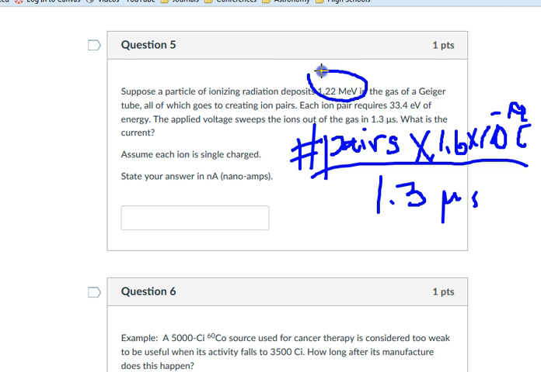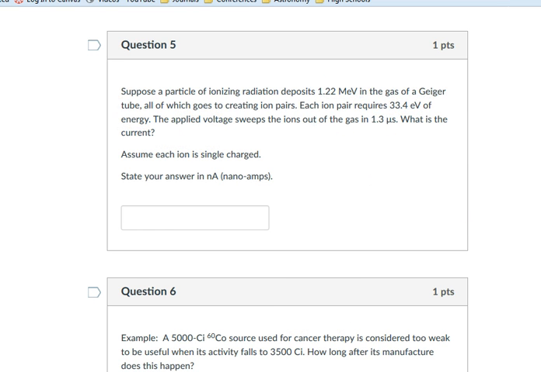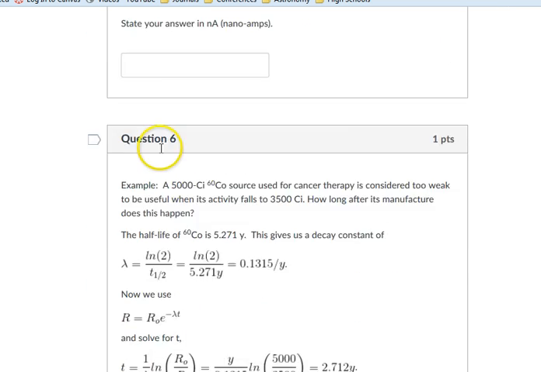So we take our MeV of energy deposited, we take the eV of energy per pair, sort out how many pairs we have, we take the charge per pair, sort out the total charge, we take that total charge divided by the amount of time, and that gives us the current. Okay, so that's number 5.